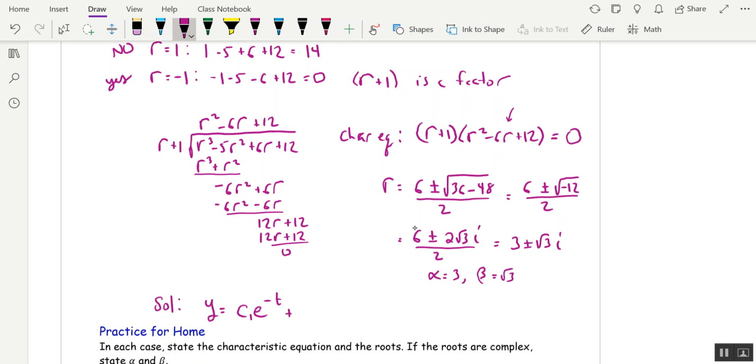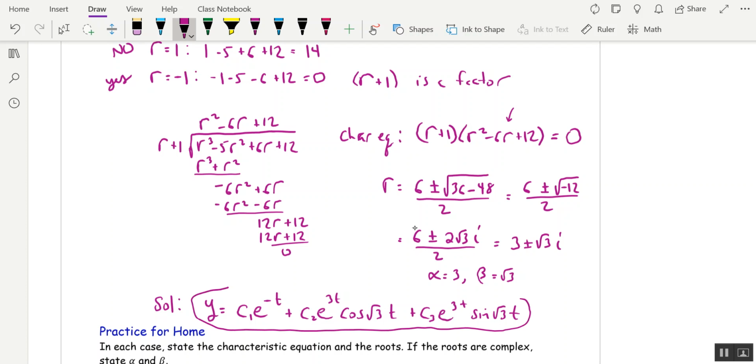I'm going to get c2 e to the 3t cos root 3t, and then c3 e to the 3t sine root 3t. So it's a third order DE, so my solution is going to have 3 constants, C1, C2, and C3. I'm getting 1 term from the real root and 2 from the complex root pair.